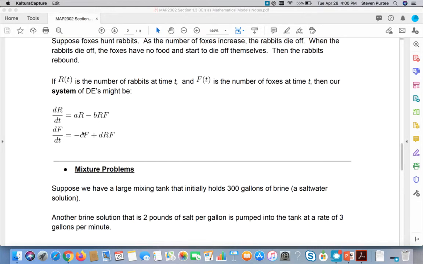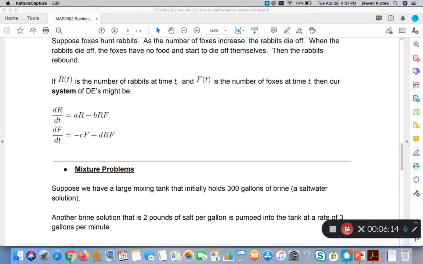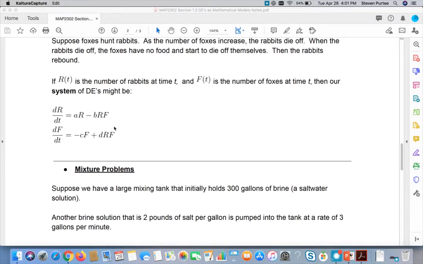Foxes here, if you got too many foxes, they're eating up all our rabbits. So the rate of change is inversely proportional. It goes like negative the number of foxes. And we're proportional to the number of foxes and the number of rabbits.